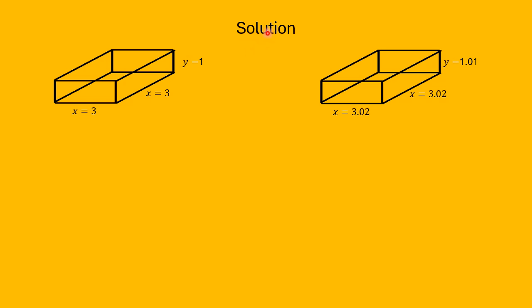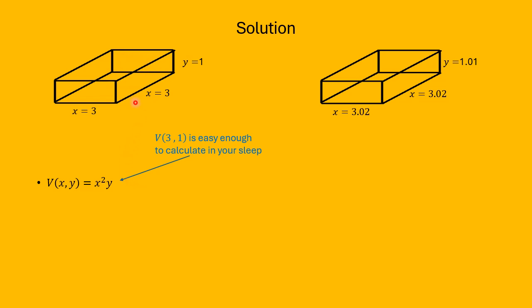So let's look at the solution to this problem. We want to find the volume of this expanded block. We can think of it as being expanded, starting with this block. So first, let's remember that the volume in terms of x and y in this case is x times x times y, which is x squared y. If you look at this, V of 3, 1 is easy enough to calculate in your sleep. 3 squared times 1 is 9, so no problem.